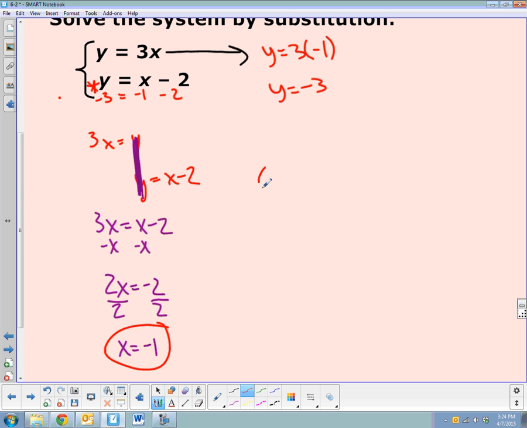So our solution would be negative 1, negative 3. And that works for both equations. And we checked that to make sure that it does in fact work. So that's how we can solve a system of linear equations by substitution, is we're going to substitute 3x for y.